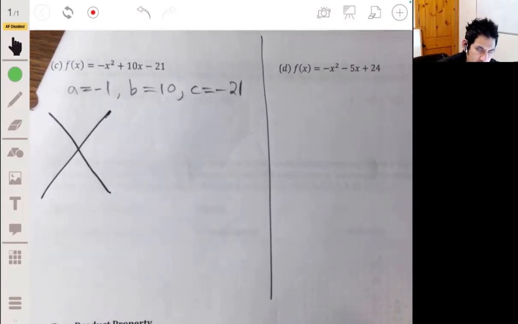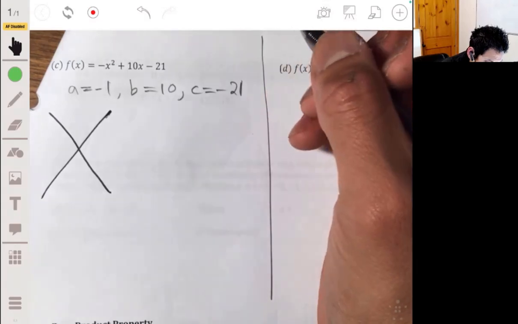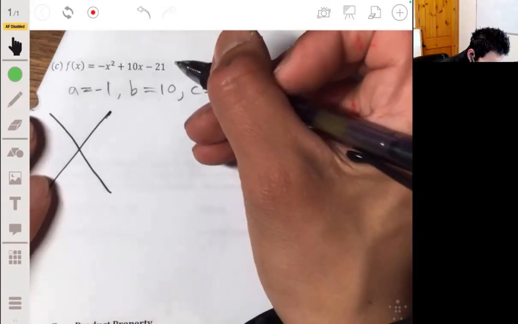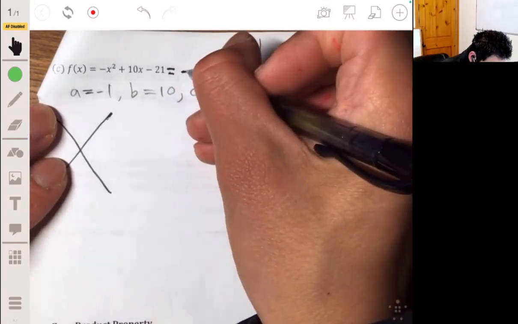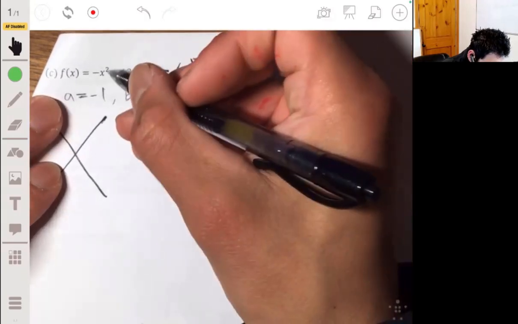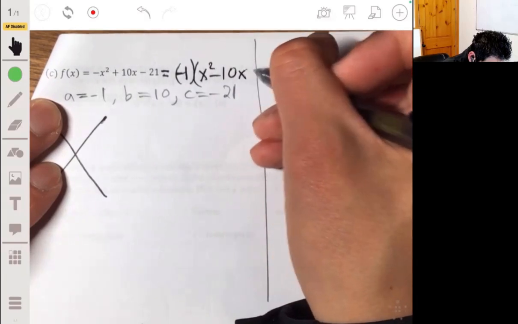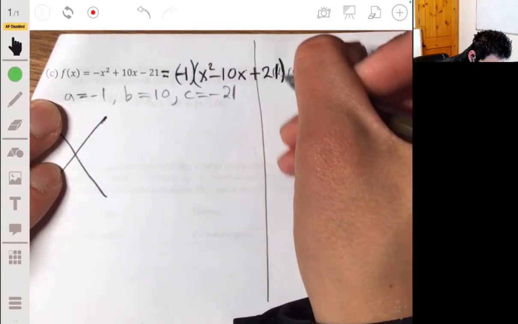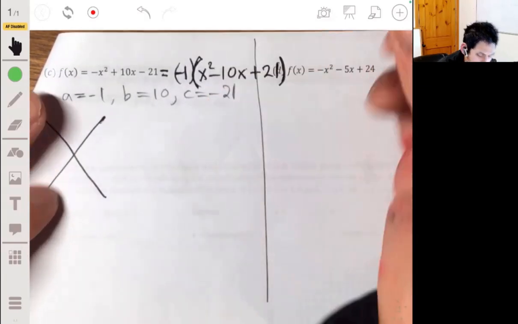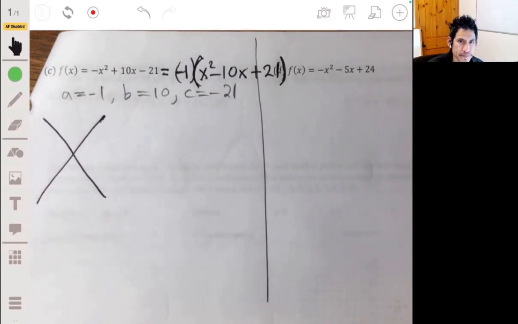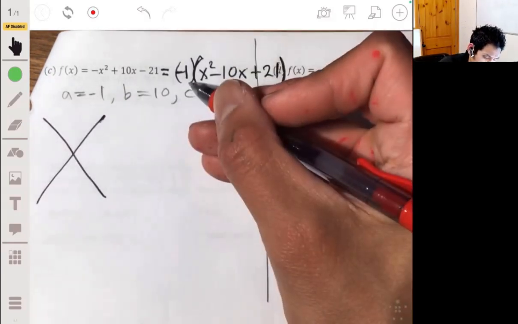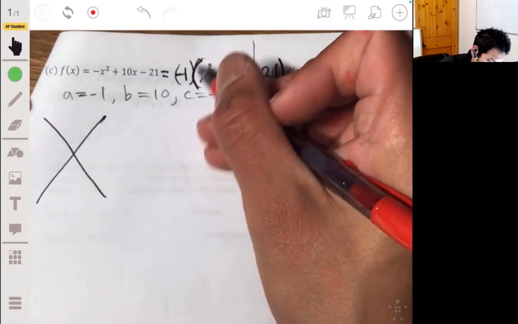When it's negative, it makes your calculations a lot more complicated. It's still possible, but I'm going to make this into negative 1 times x squared minus 10x plus 21. All that happens is that the negative 1 goes on the outside, and then you're just factoring this.